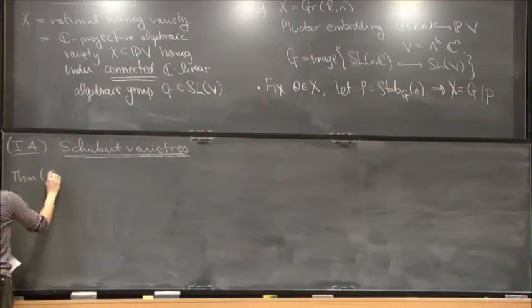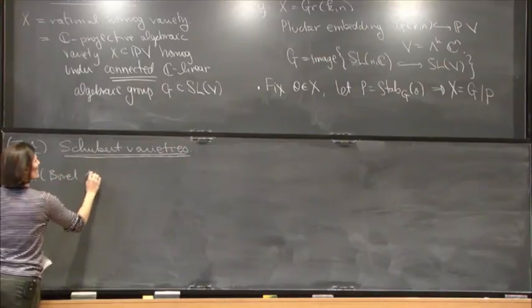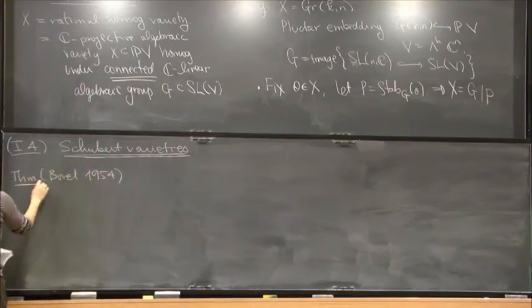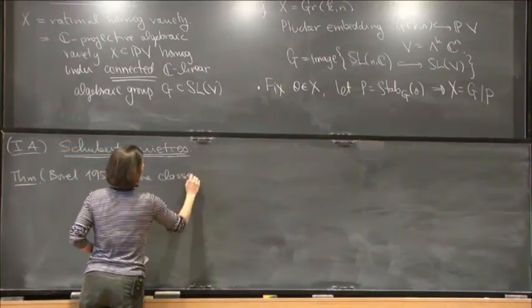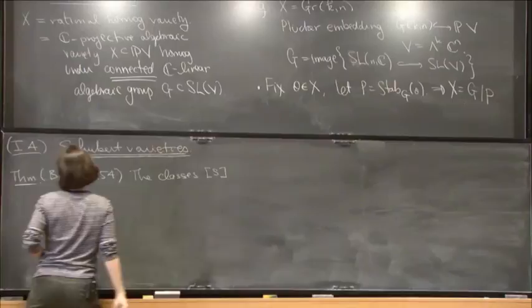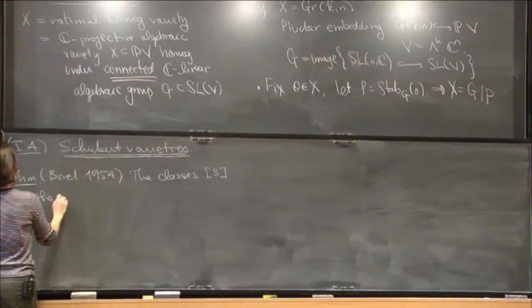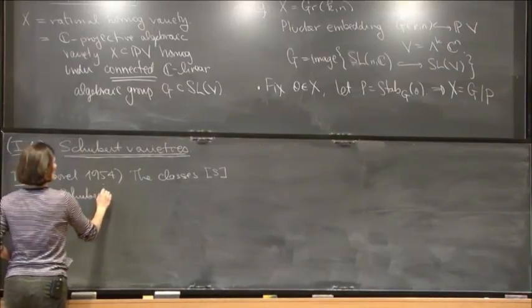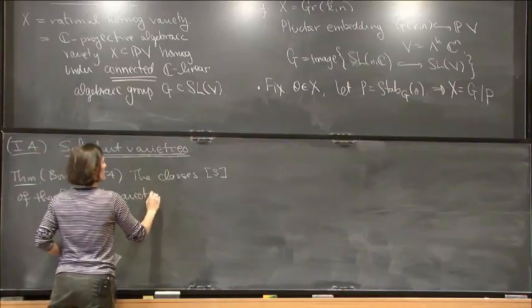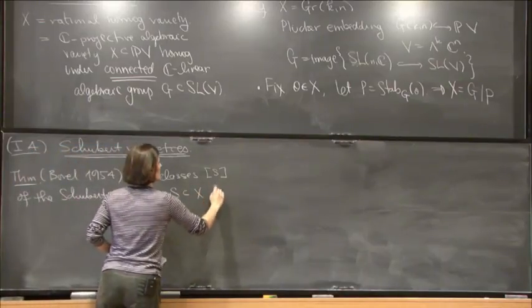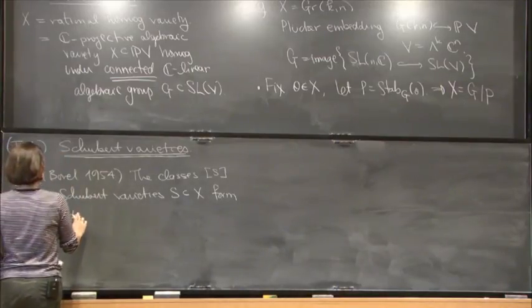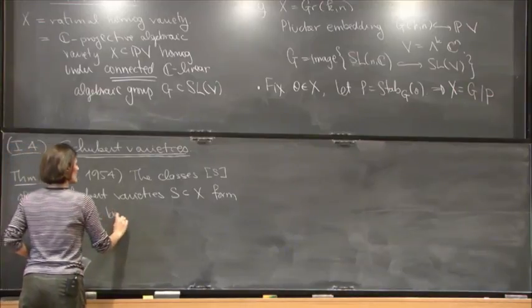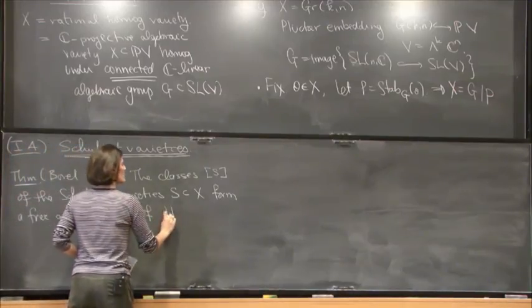So one of the reasons they're important is a result due to Borel in 1954 that asserts that the homology classes of the Schubert varieties S in X form a free additive basis of the integer homology.